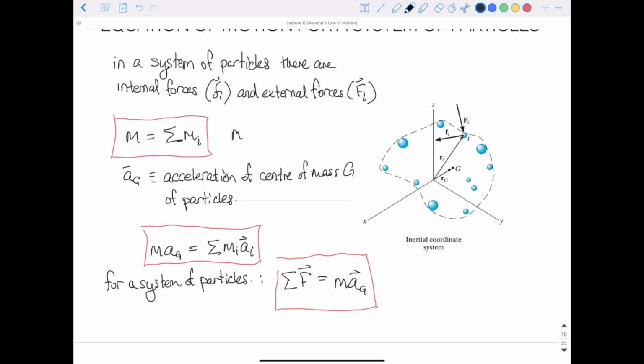So here m, let's write a note, is the total mass.